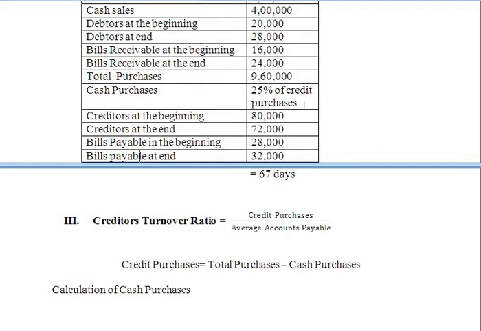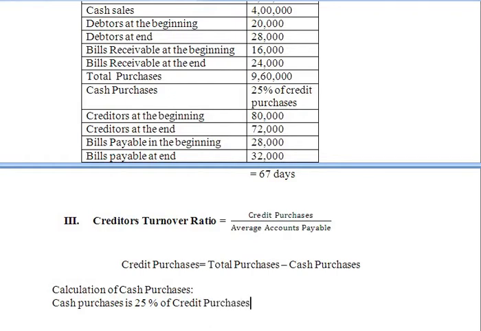So next line, write here, cash purchases is 25% of credit purchases.